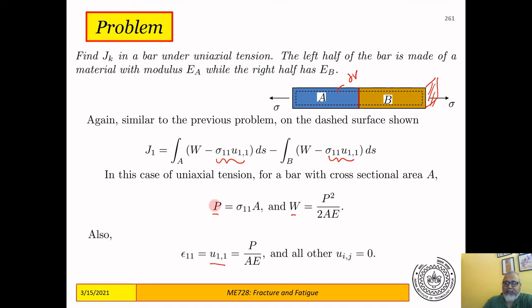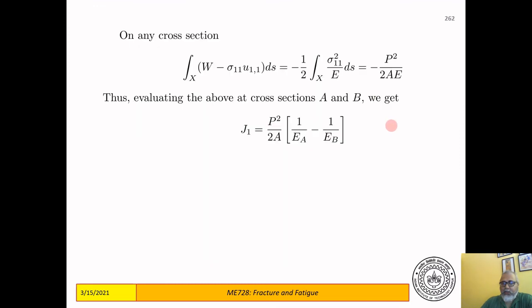So if you plug this in for an arbitrary cross section, just like we did in the other case, W has already been evaluated, and you can easily show that this integral is minus P square by 2AE.